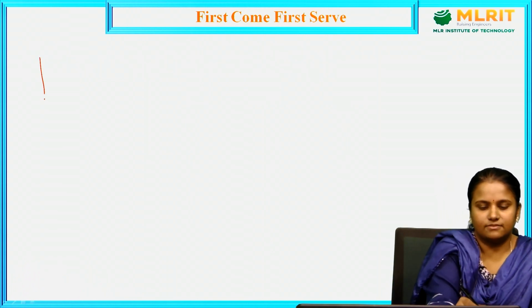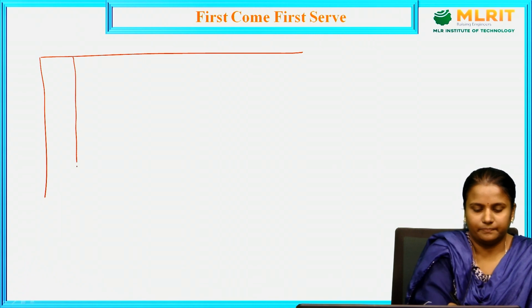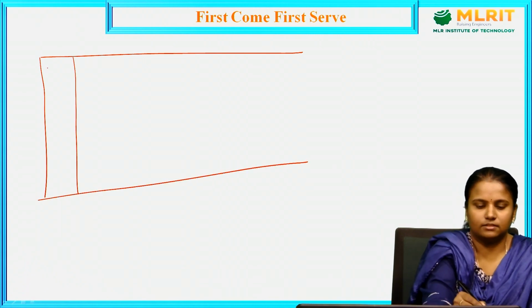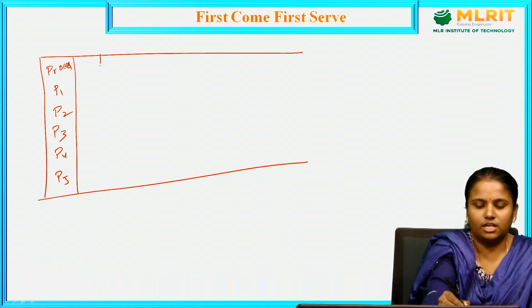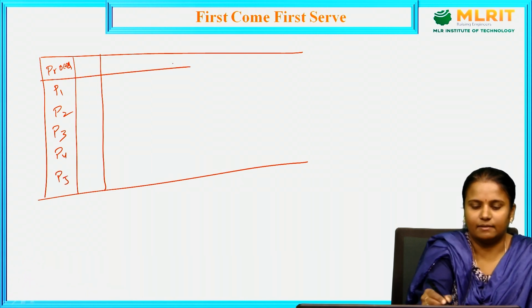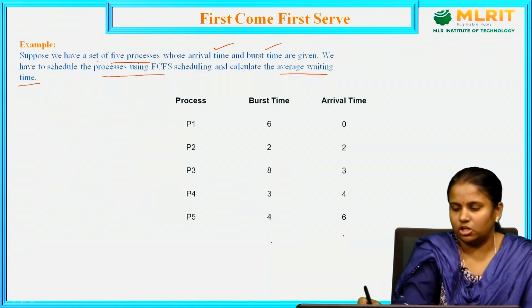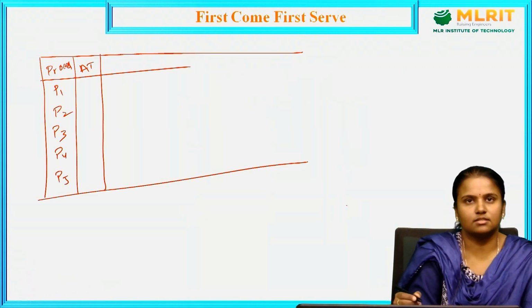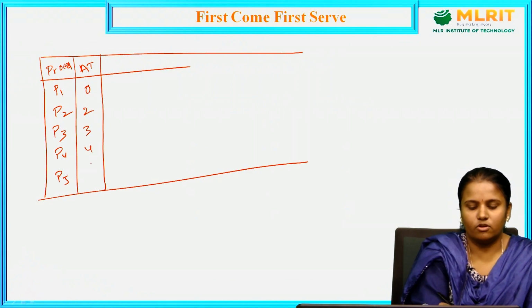First we need to take all 5 processes: P1, P2, P3, P4, P5. Next we take the arrival time, that is AT: 0, 2, 3, 4, 6.